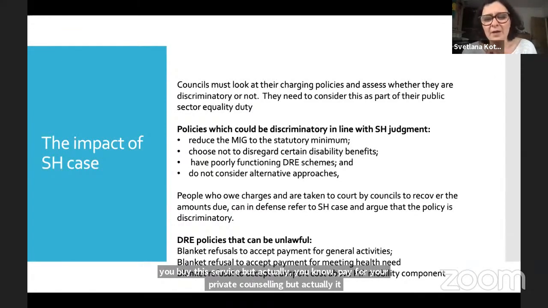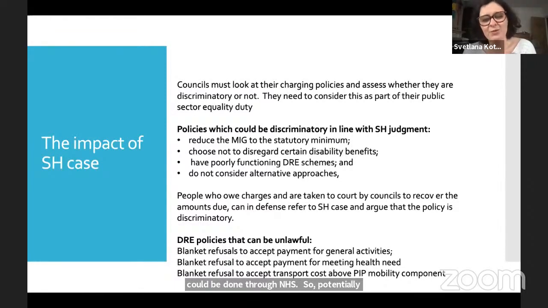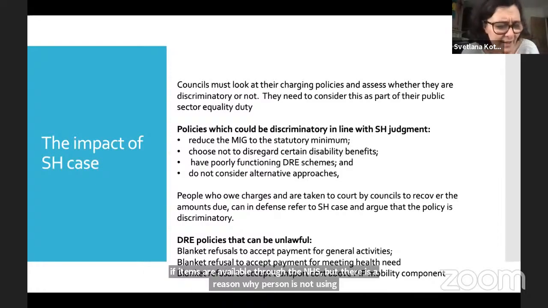So potentially the guidance says that they should disregard, in the list of DRE, they talk about medical needs. So now we can make a case that, no, even if items are available through the NHS, there's a reason why a person is not using that, and those items should be allowed as DRE.